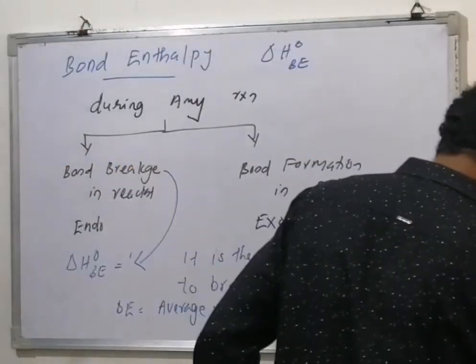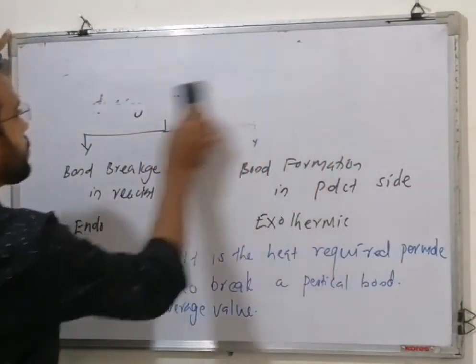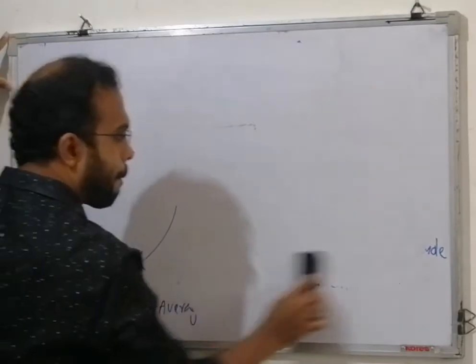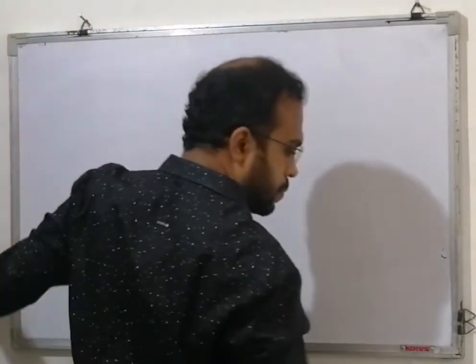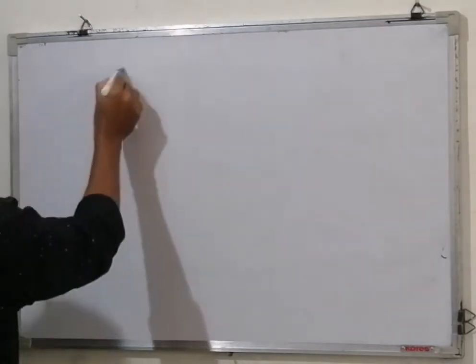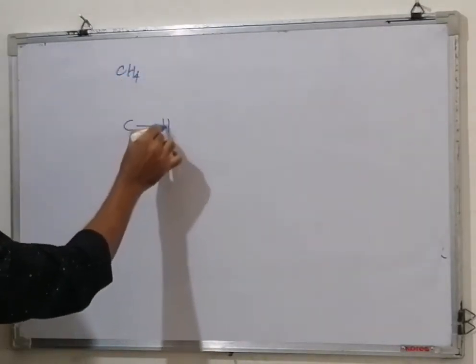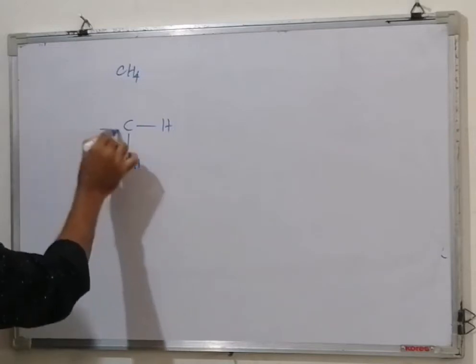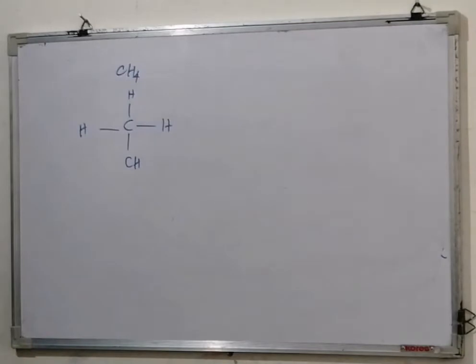Now, what is the meaning of average value? Suppose you have a CH4 molecule. It has 4 CH bonds, fine.